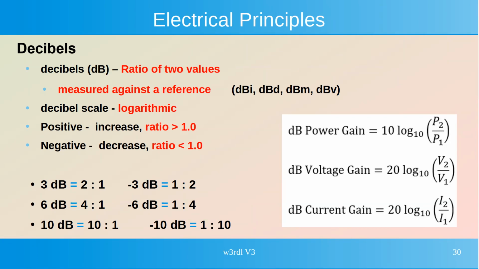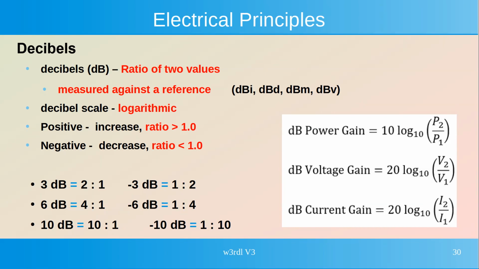So the formula for power gain is 10 times log base 10 of the ratio of the 2 powers. Okay, so if P2 represented the output power and P1 represented the input power of an amplifier, let's say it was 100 watts out and 10 watts in.